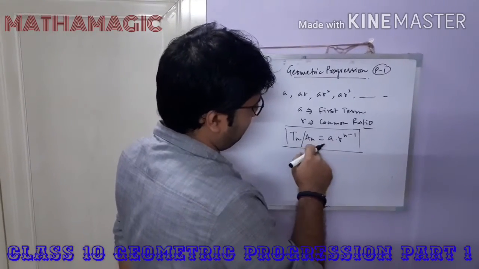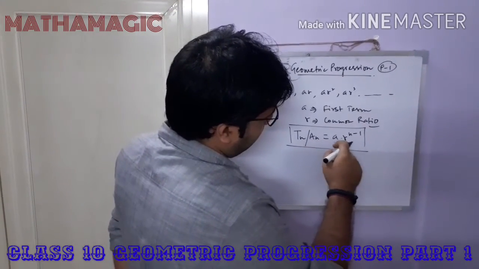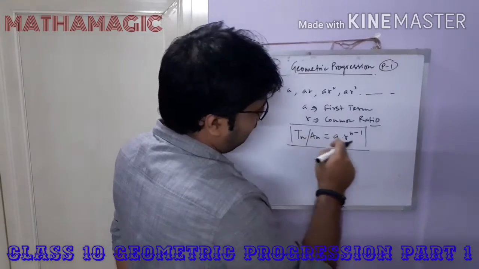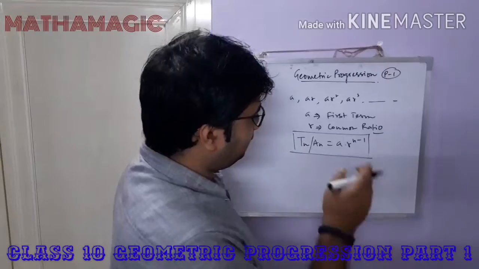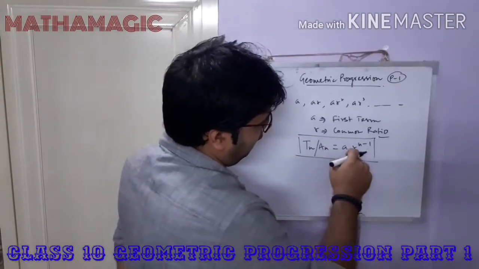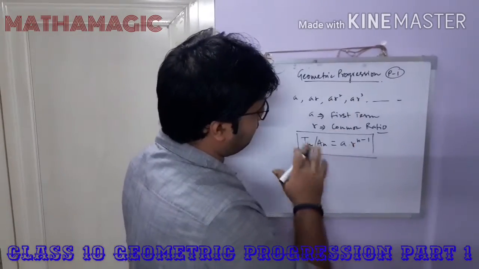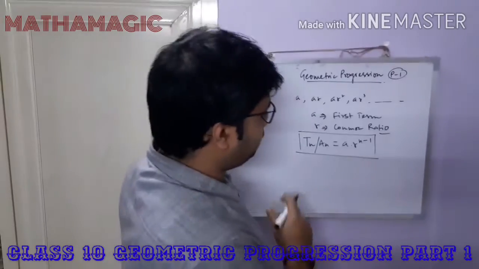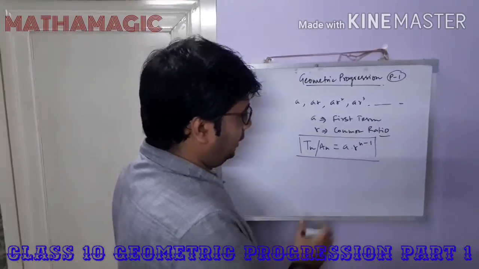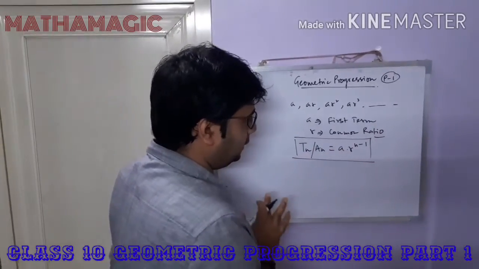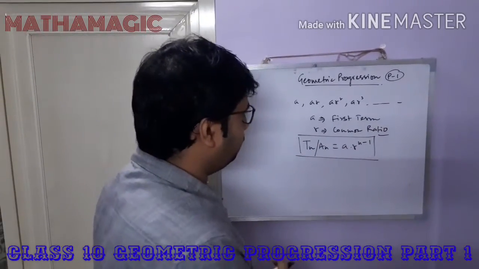So for the nth term the power of r will be 1 less than the term number n, that is r to the power n minus 1. This is the concept behind this formula. So please note it down. This is the first formula to find the nth term. Whatever term number you put here, you will get that term. Please note it down so that we can move to the next one.